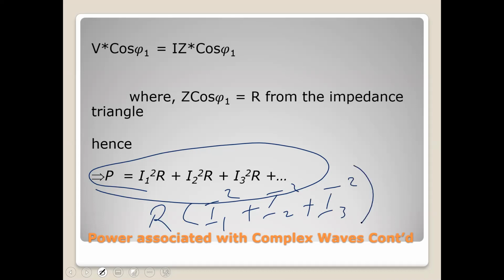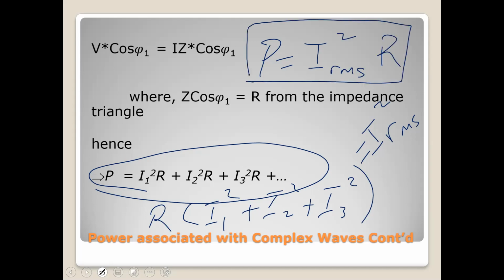All right. And by definition, this is equal to IRMS squared. So in other words, the power produced by the complex wave when connected to that circuit of impedance Z is equal to the square of the RMS current times the resistance.